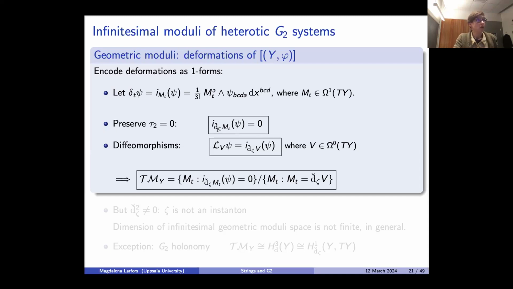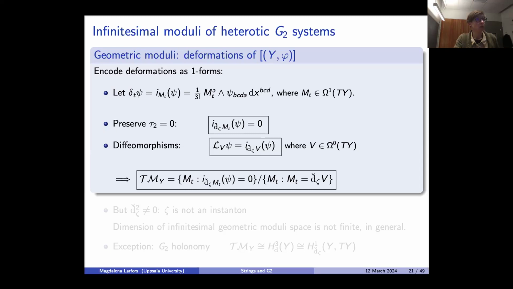So this is the constraint that we have on M, to preserve the supersymmetry, to be a modulus of this supersymmetric solution. There are trivial deformations of M, the trivial deformations of the geometry that correspond to diffeomorphisms. And those can be written in the following form.